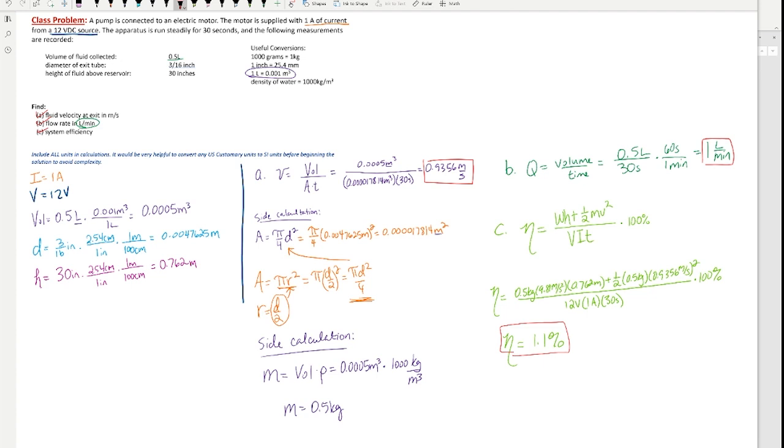And then you're going to have to find the velocity, the flow rate, and the system efficiency, just like we did with this problem for the different values that you calculate for your pump. This is very similar to your pump, and actually the results that you see here of a 1.1% efficiency for this pump discussed in this problem is very close to the efficiency that you're going to see for your pumps when you do the pump analysis.